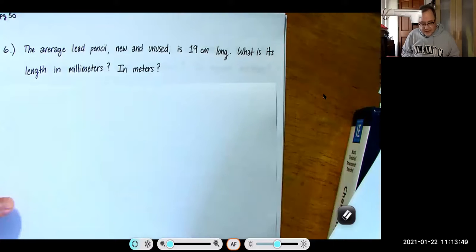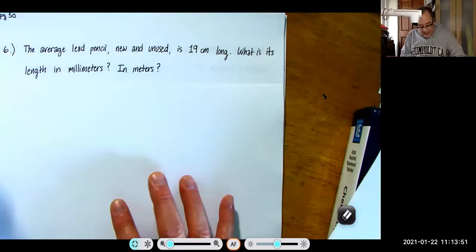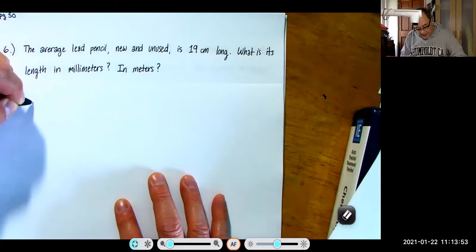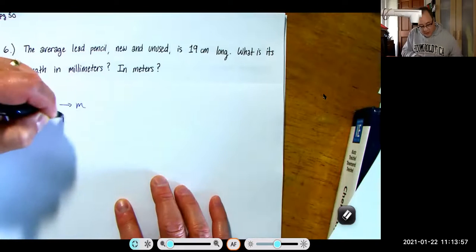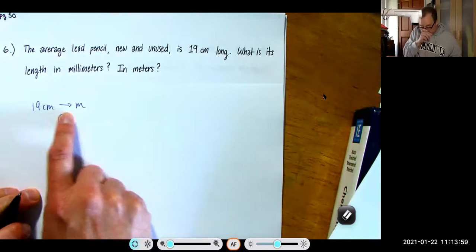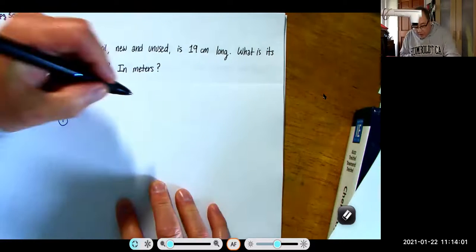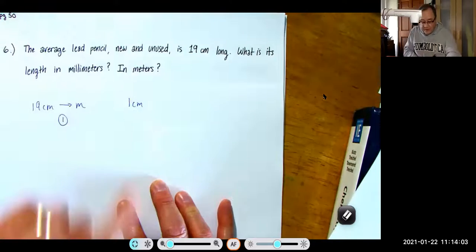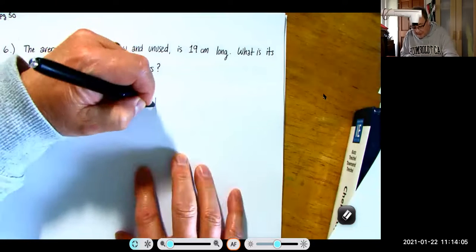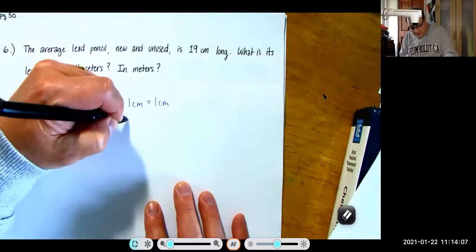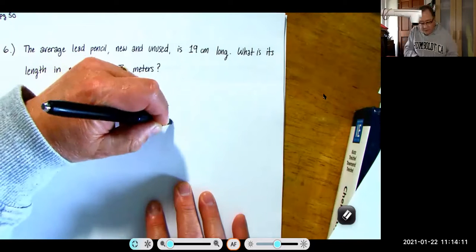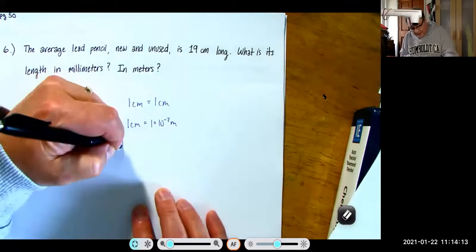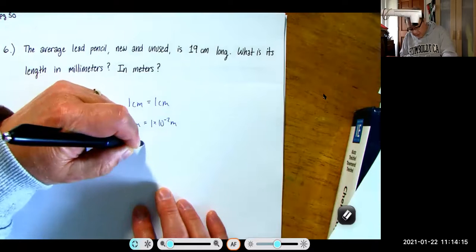What is its length in meters? Now, this one is even cooler because I can show you 2 ways to do it. So we know that we want the relationship between centimeters and meters. So I start off with the prefix. 1 centimeter is equal to 1 centimeter. So 1 centimeter is 1 times 10 to the minus 2 meters. Then I can move this to the other side. 10 squared centimeters is 1 meter.